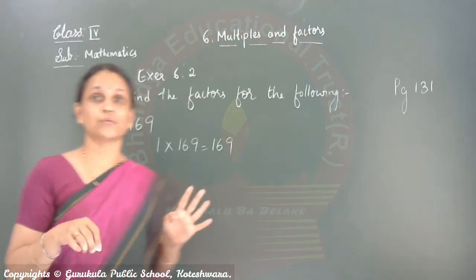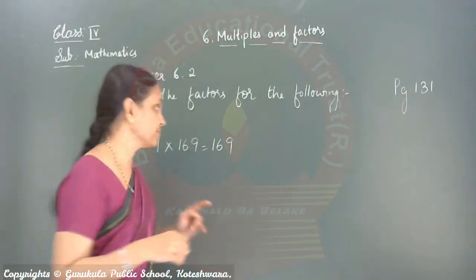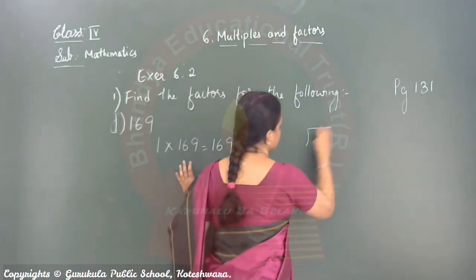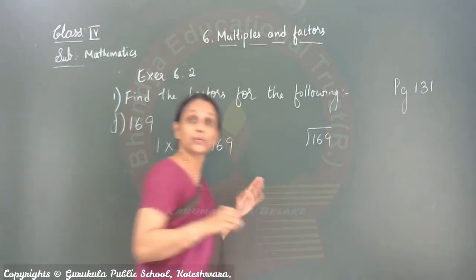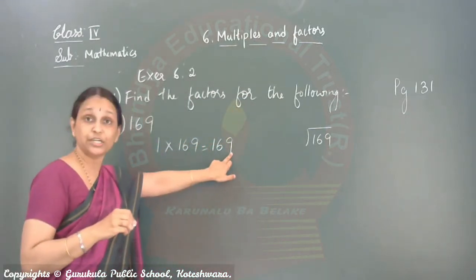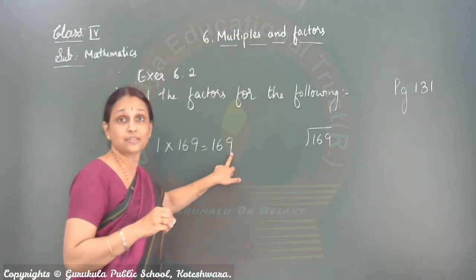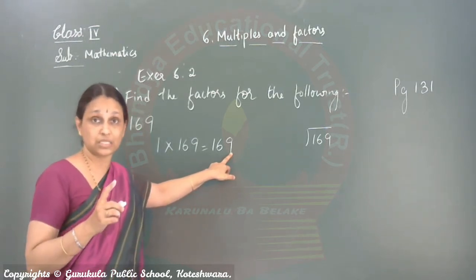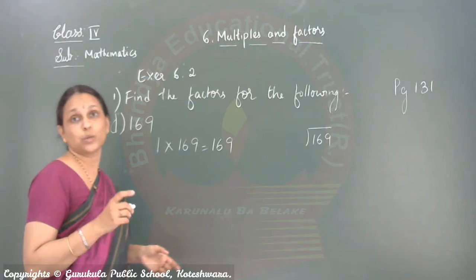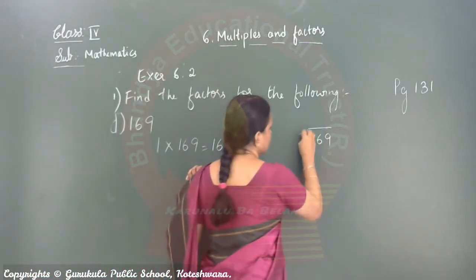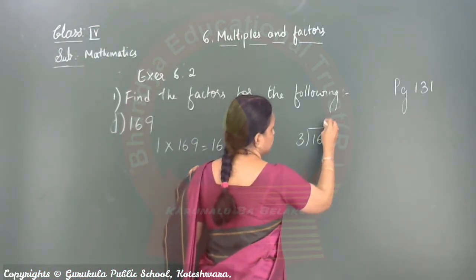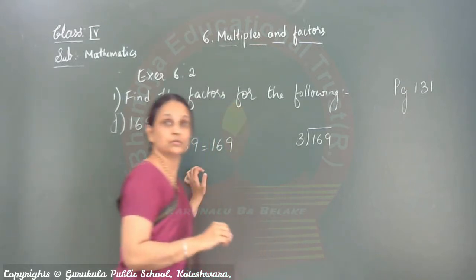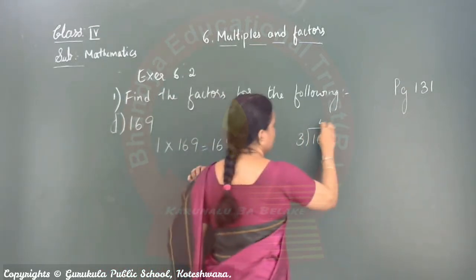In 2 ones it will not come. In 3 ones we have to check. In 2 ones why it will not come? Because this is odd number. 2 tables answer is always even number. 2 ones are 2, 2 twos are 4, 2 threes are 6. So all end numbers will be even. This is odd. So 3 ones you try. 3, how much? 5s are 15.